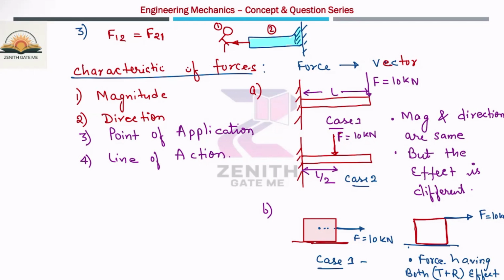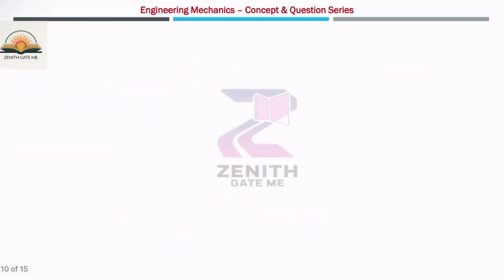Okay, so now comes the coplanar force system. A coplanar force system means all these forces are lying in the same plane. So the first point is for a coplanar and concurrent force system.